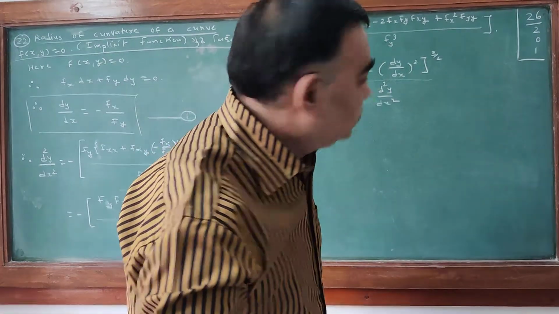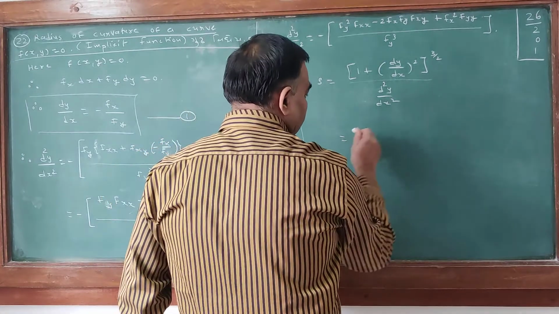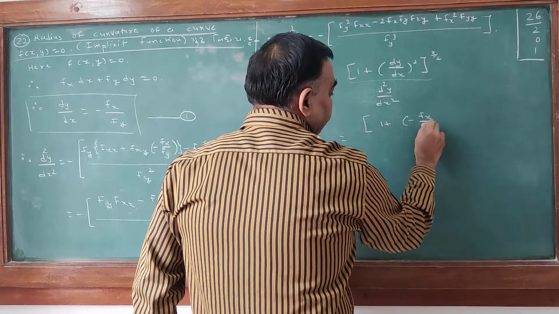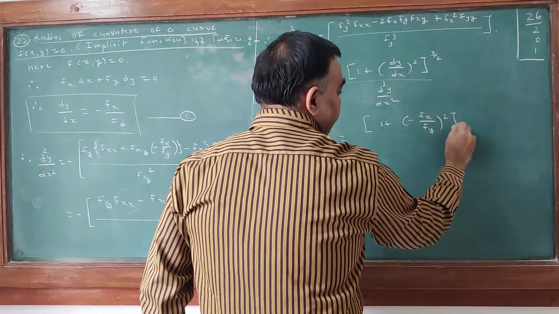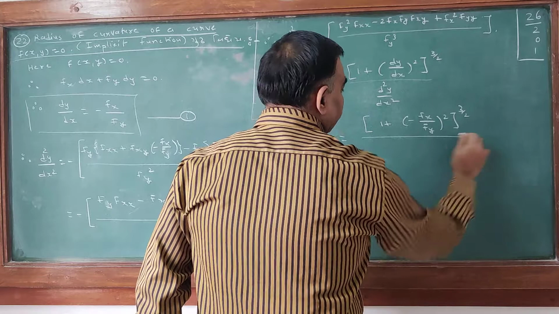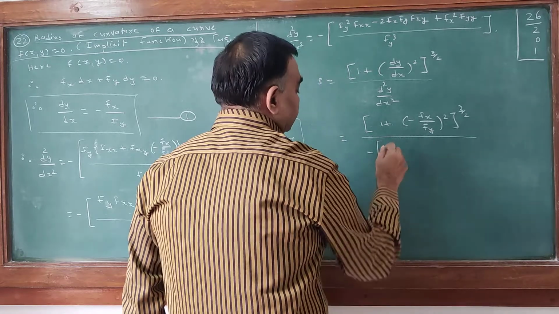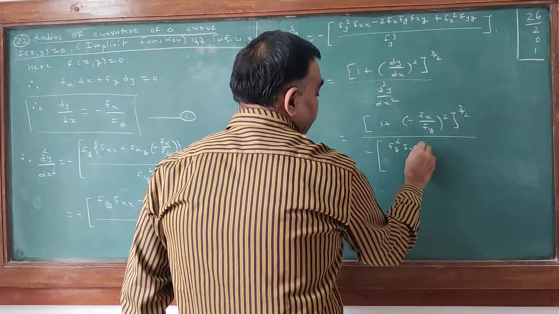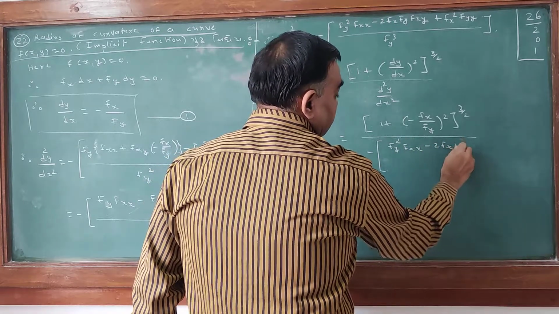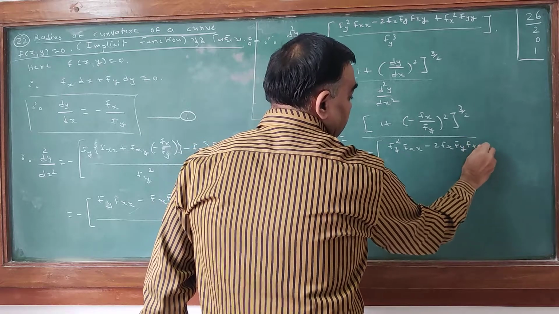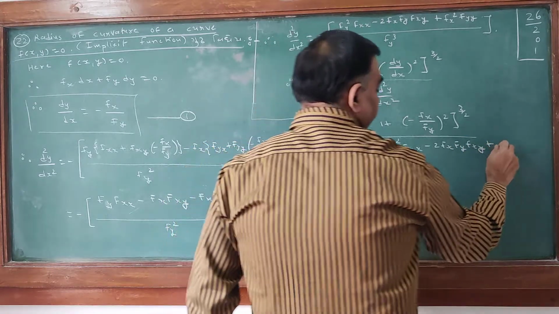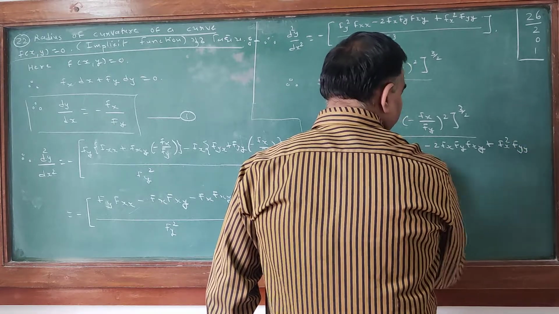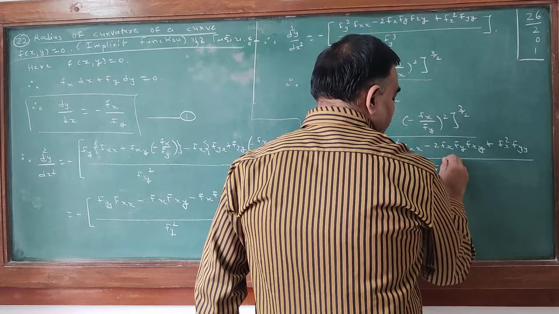So we put the values, and therefore this is equal to 1 plus minus fx upon fy square raised to 3 by 2 upon with sign of minus f of y square f of xx plus f of x square f of yy upon fy cube.